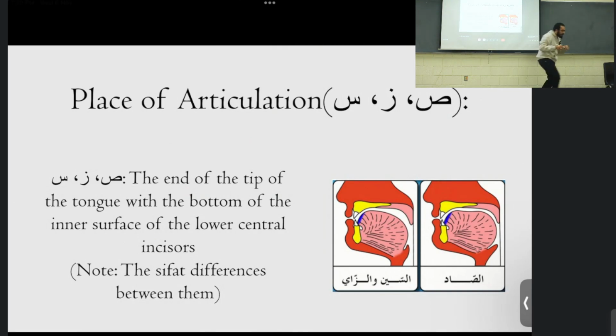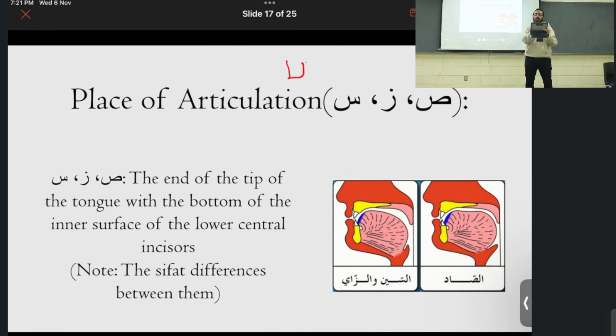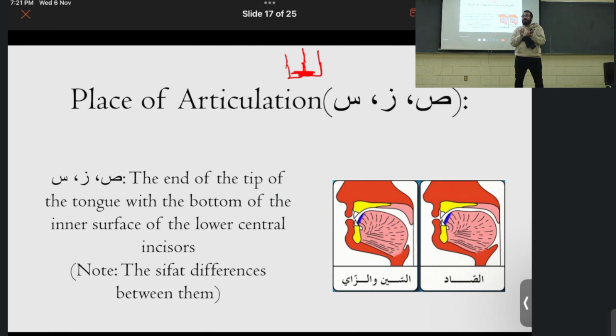What is that? This is the lower central incisor. The bottom one. I have two, right? I have one tooth here, and another. Halas? Where am I hitting? I'm hitting here, with the bottom of the inner surface of the central incisor.